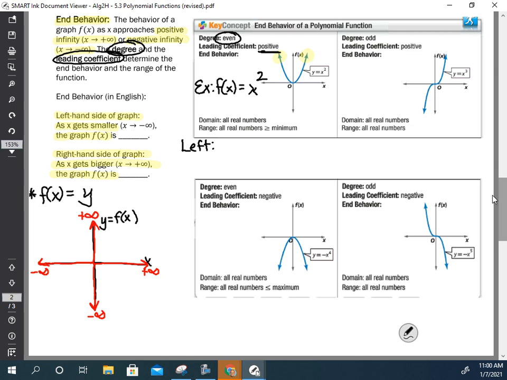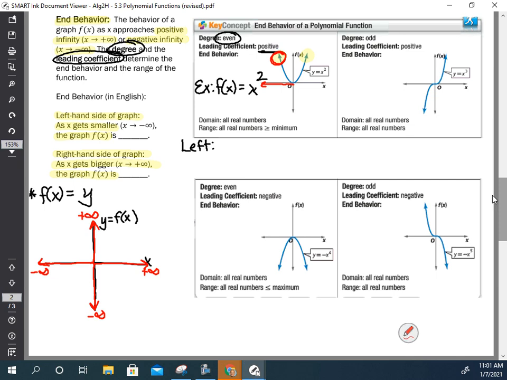As x gets smaller, what is that part of the graph doing? Is it pointing up or down? Don't make that harder than what it is. It's pointing up. So if you're pointing up, you're going to positive infinity.